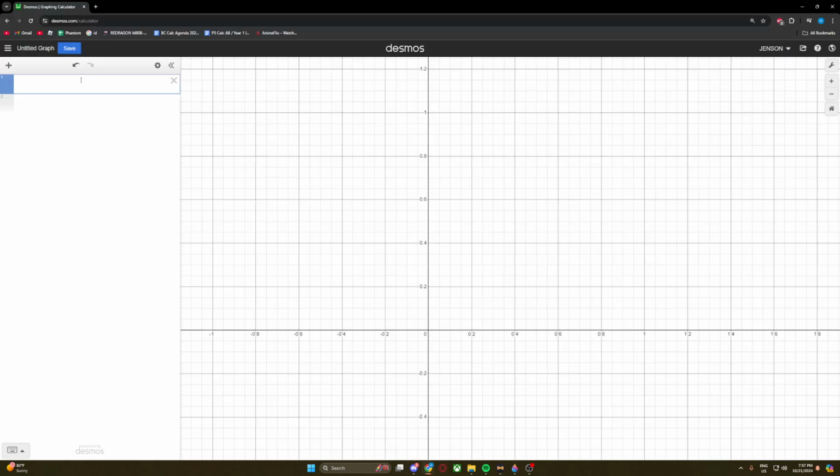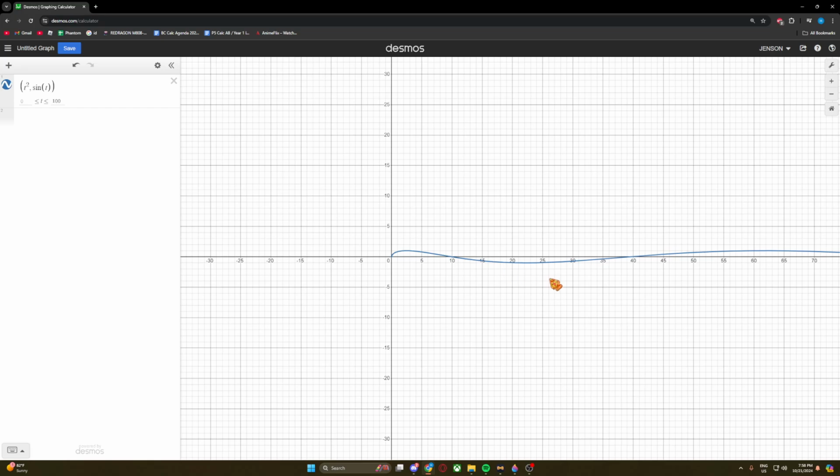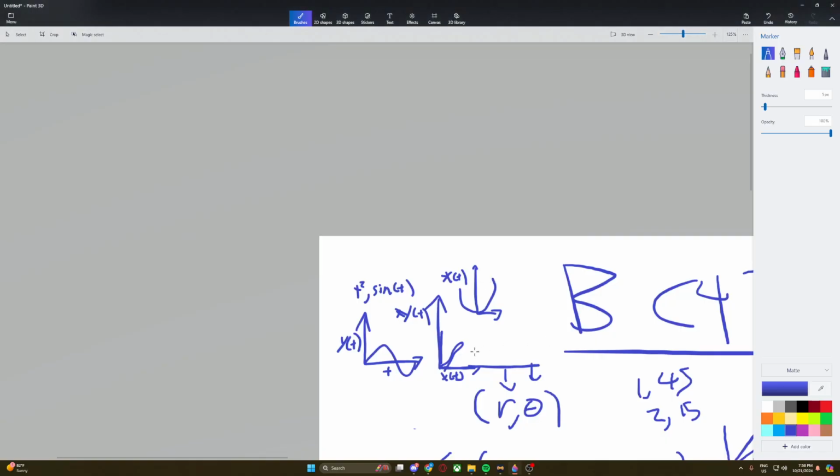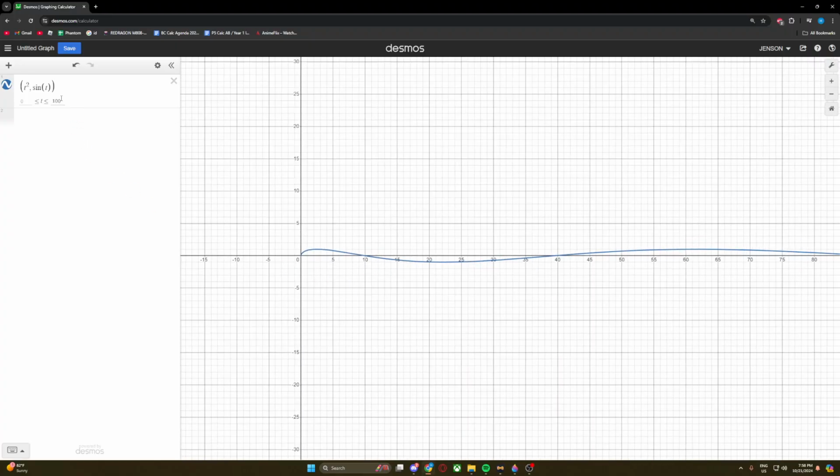Let's just graph it. t squared, sine t. Okay. Oh, never mind. Wait, yes, something like that. Honestly, I thought it was going to go back on itself, but no, it didn't. Actually, no, never mind. It did go back on itself.